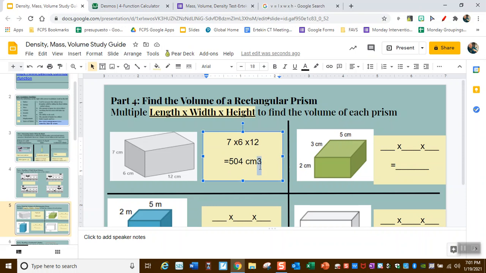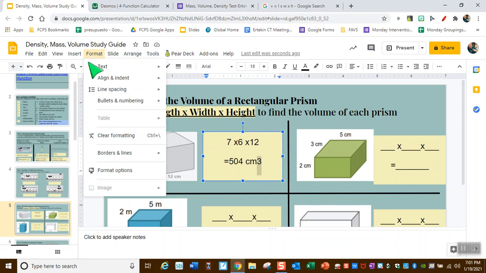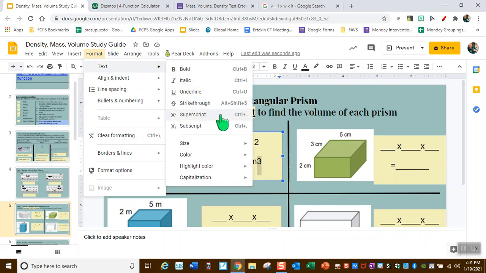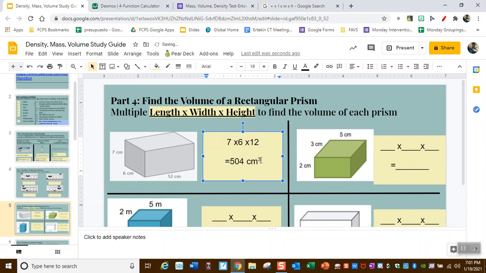Highlight this 3, escojan este 3, go to Format, again, Text, and Superscript. You want to click on Superscript. See, it looks like an exponent. Se ve como un exponente. Boom. There we go. This is the perfect answer, right? 504 cubic centimeters, okay?